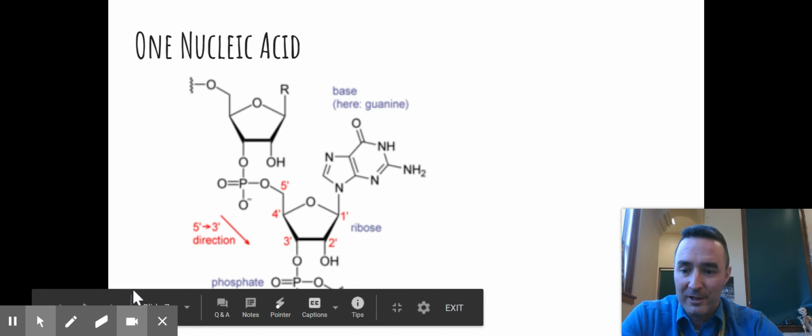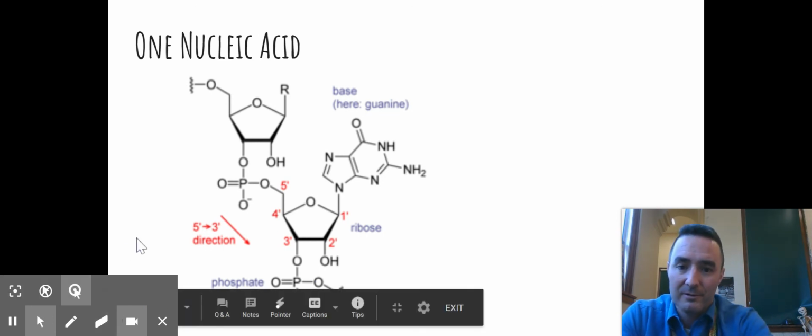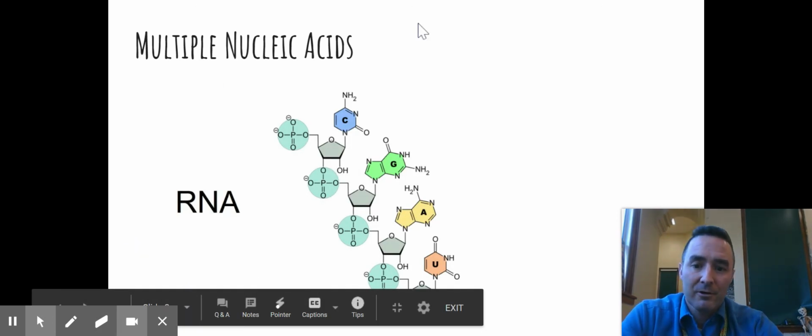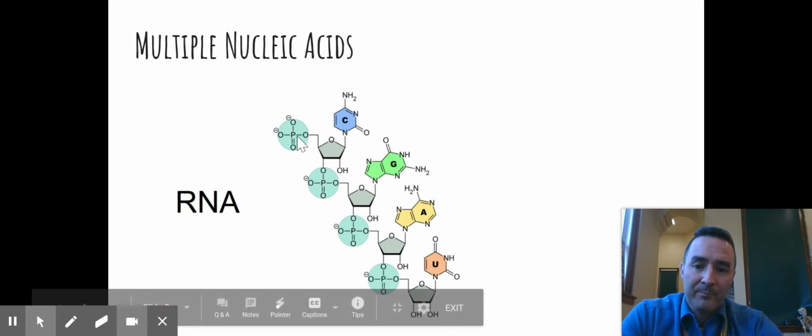So let's take a look here. So here you go. So for one nucleic acid, phosphorus connects at the 5-carbon. Here's your sugar. Your base is at the 1-carbon. When you connect to the next unit, connects here at the 3.